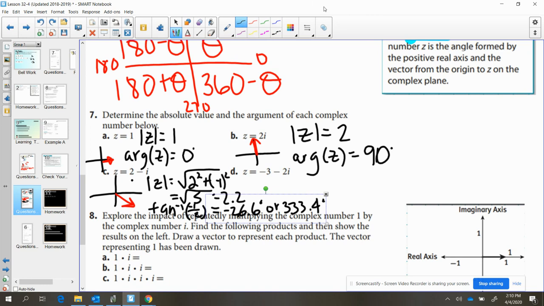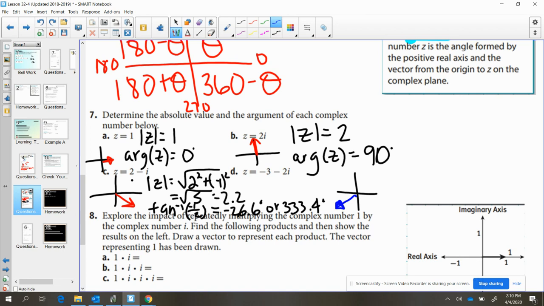Okay. And last but not least, I'm going to drop this last one, D, down to the right here just because we ran out of room. But if you're at negative 3, negative 2, you're 3 to the left on the real axis, 2 down on the imaginary axis. So it's almost like quadrant 3. So we're going to keep that in mind for our argument later.